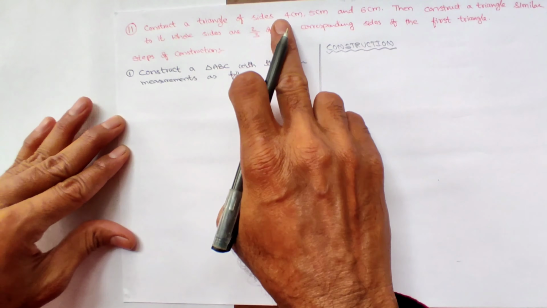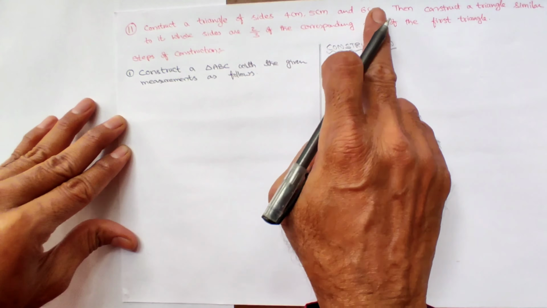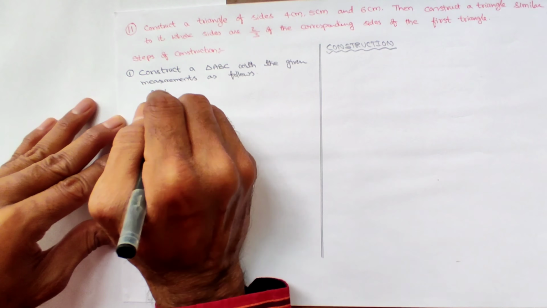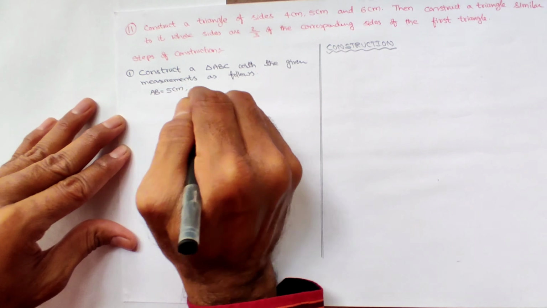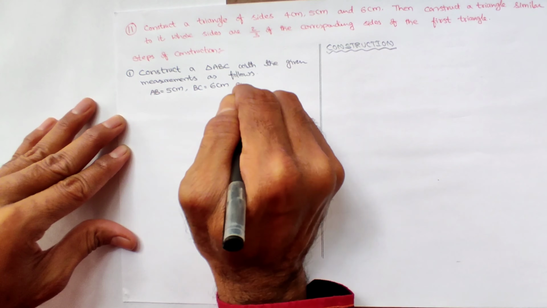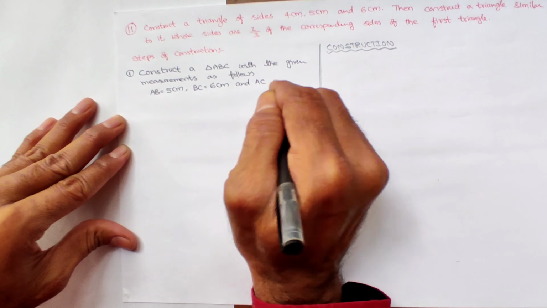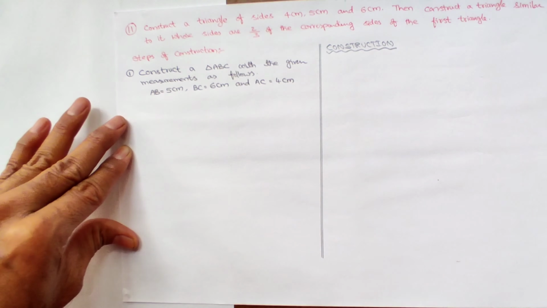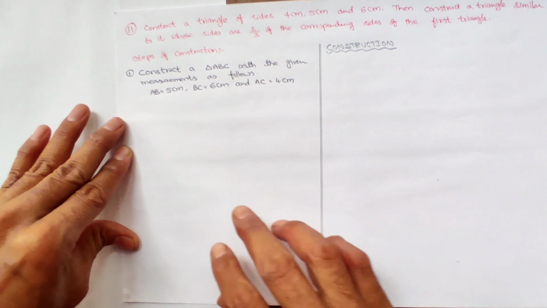In the question, measurements are given clearly. So let us consider AB as 5 centimeter, BC as 6 centimeter and AC as 4 centimeter. So first let us construct the triangle.